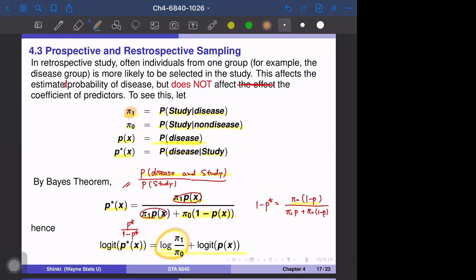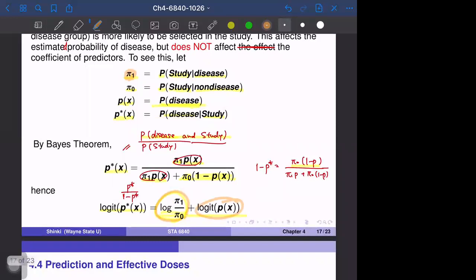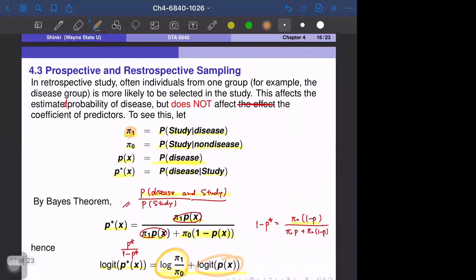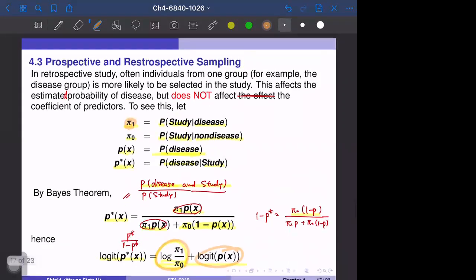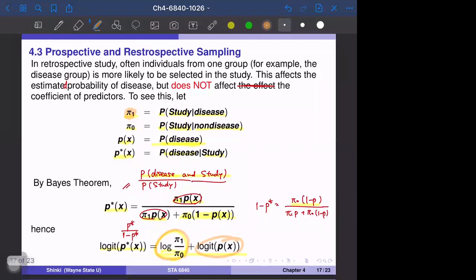But if we adjust this, then the other part is not affected. So we can actually calculate P asterisk X based on P of X and pi1 and pi naught. Okay, so this is section 4.3.